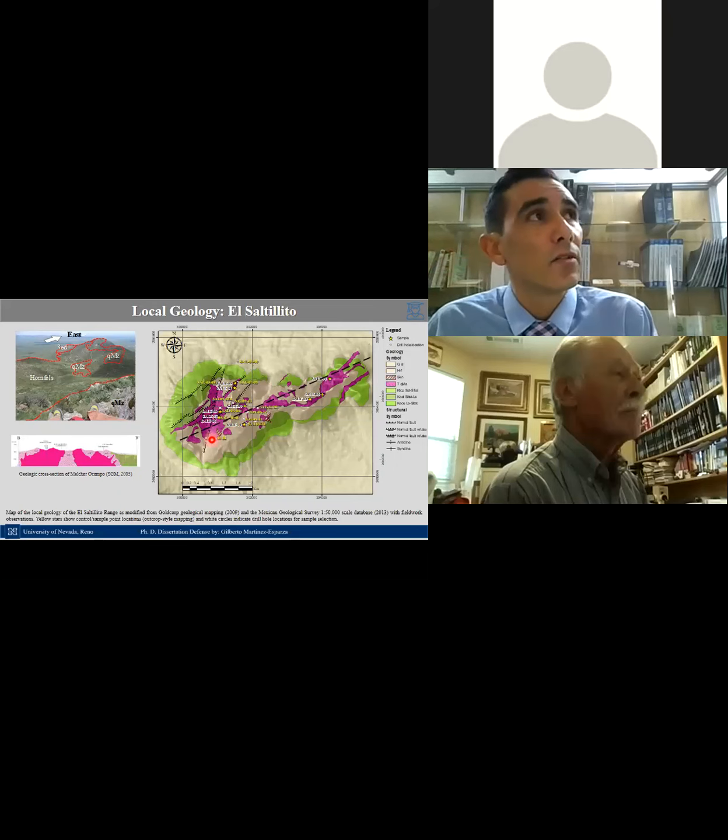I need to point out that closer to the intrusion, where the main mineralization is located, the amount of andradite increases, whereas in the farther portion of the skarn, the pyroxene prevails.